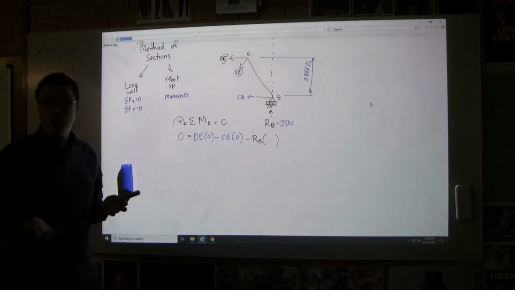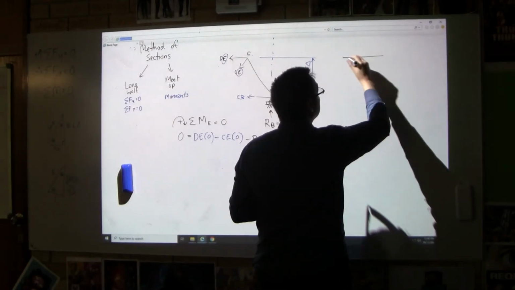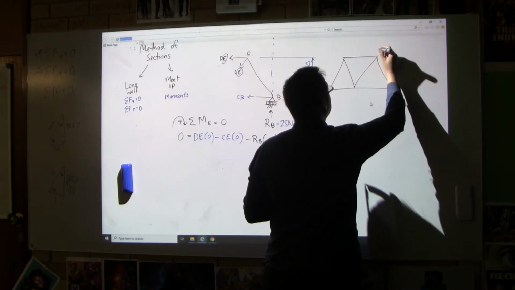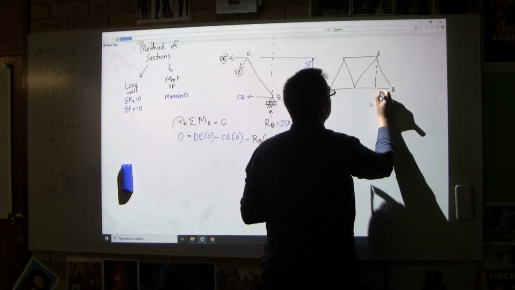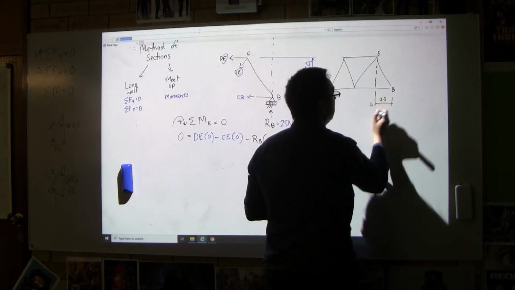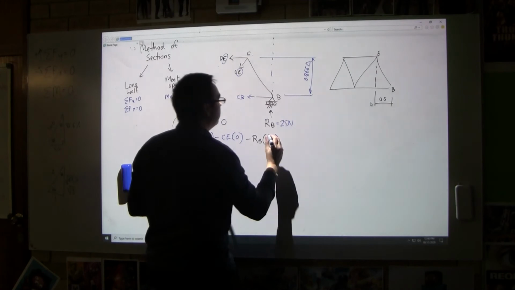No, it's half a triangle. It doesn't look super clear, but I'll draw it again. The distance from E to B is half of a triangle. Is that clearer now? Yep. Okay, 0.5.